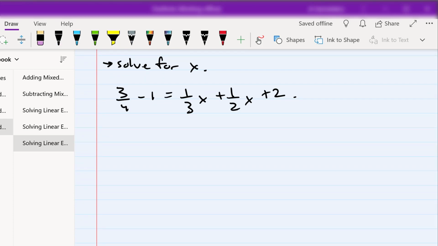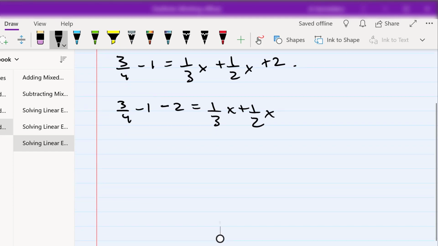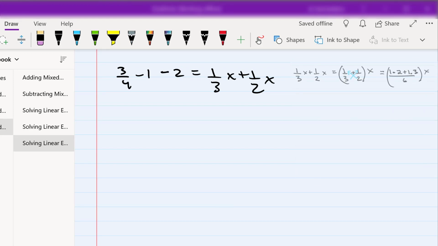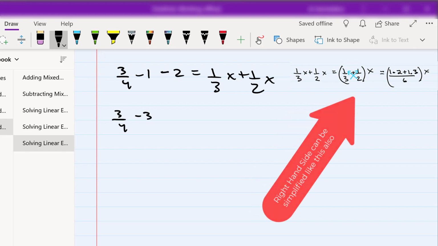Now let us move the plus 2 to the left side. So we have 3/4 minus 1 minus 2 equals 1/3 x plus 1/2 x. Now let us continue simplifying the left-hand side. So we have 3/4 minus 1 minus 2 is minus 3 equals.